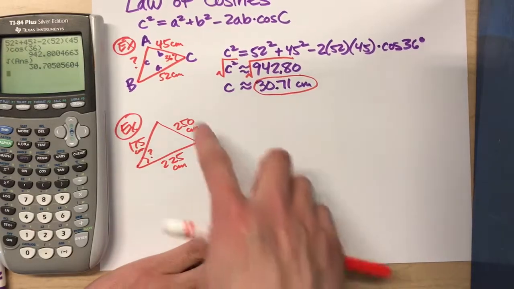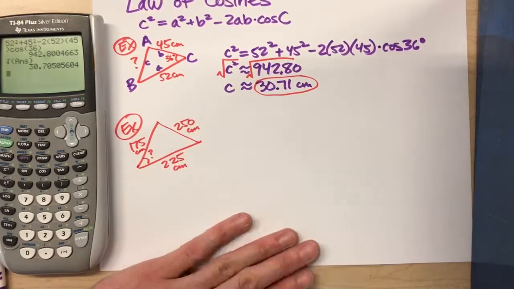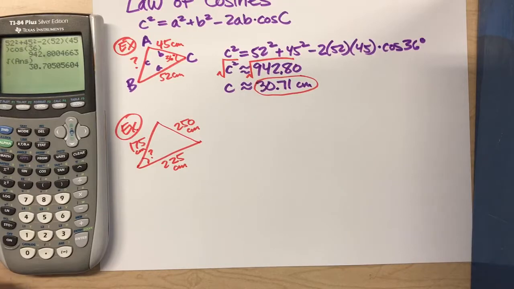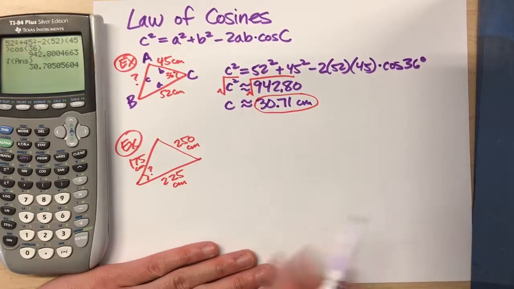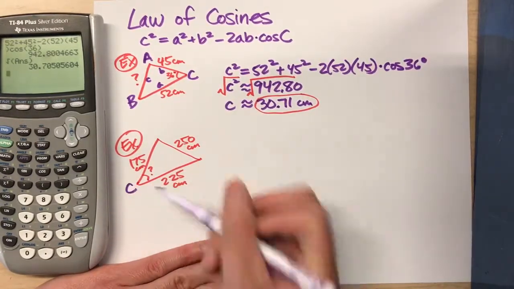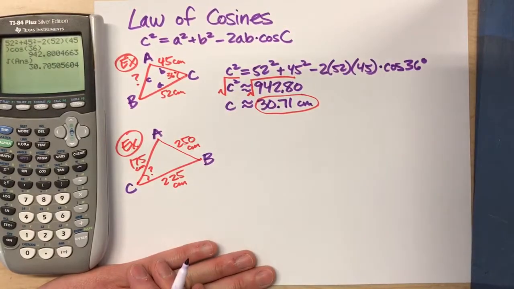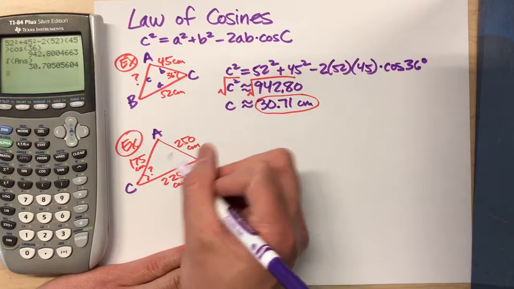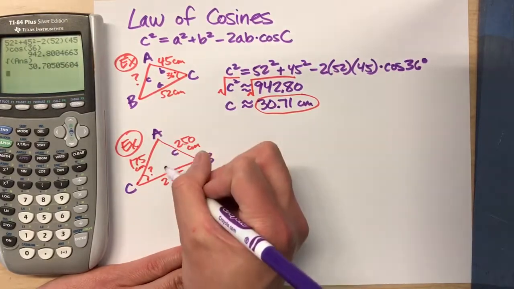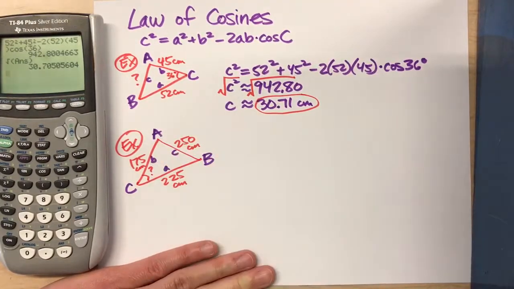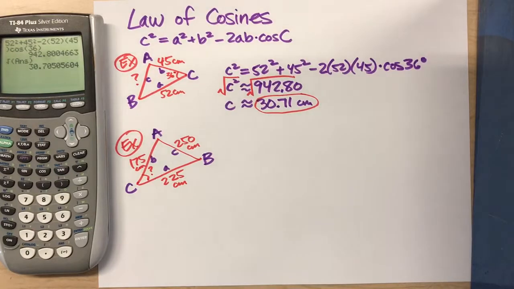So again, three sides and an angle that I'm working with, so I'm going to use the law of cosines for this. The angle I'm working with is always going to be C. The other two are interchangeable. I'm going to label the sides across from the angle. There we go. Now I can write my equation.